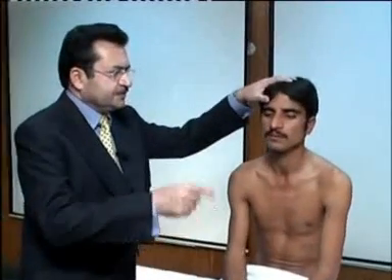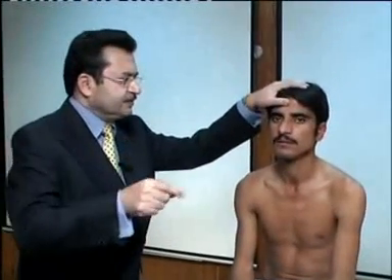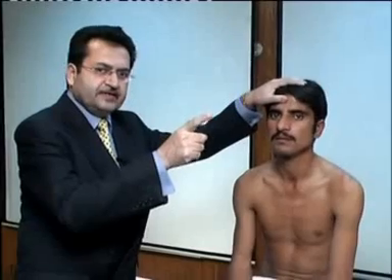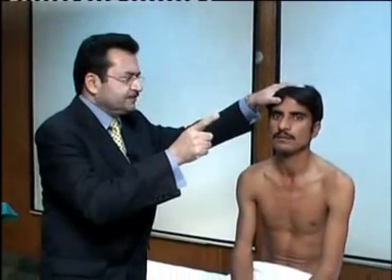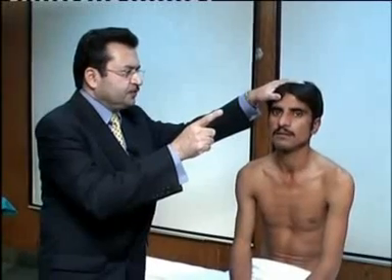The ocular movement is important to know, and this will test your third, fourth and sixth cranial nerves. For this purpose, you ask the patient to look forward and you keep your finger about 12 inches away and ask him to follow this finger in all directions like this.